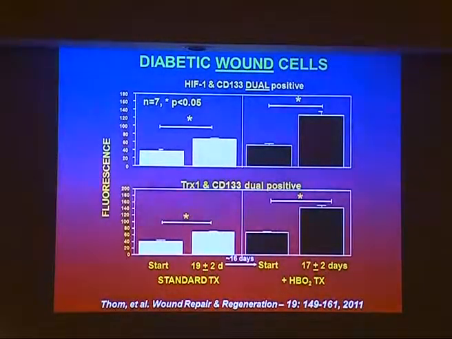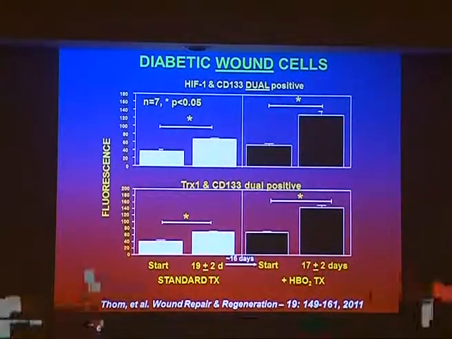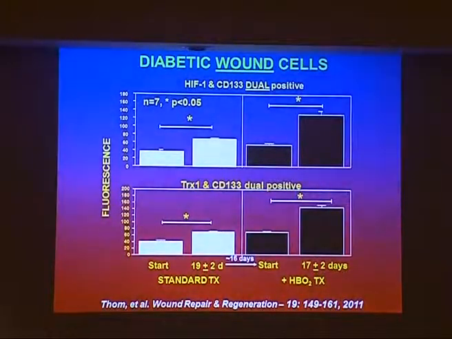Now, we're talking about wound healing, so it's one thing to say we're seeing increased stem cells in the blood, but you get the stem cells to the site of action, meaning at the wound margin. And so this is tissue that is debrided from the edge of neuropathic wounds as part of standard therapy in most places.